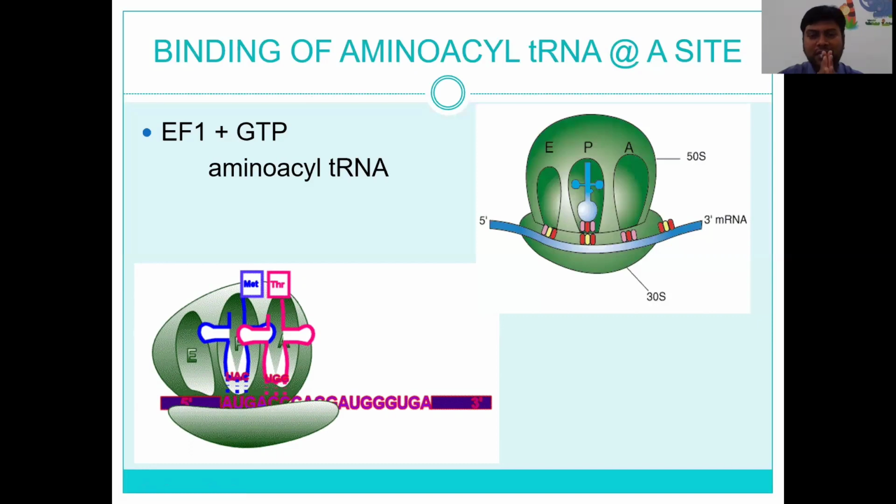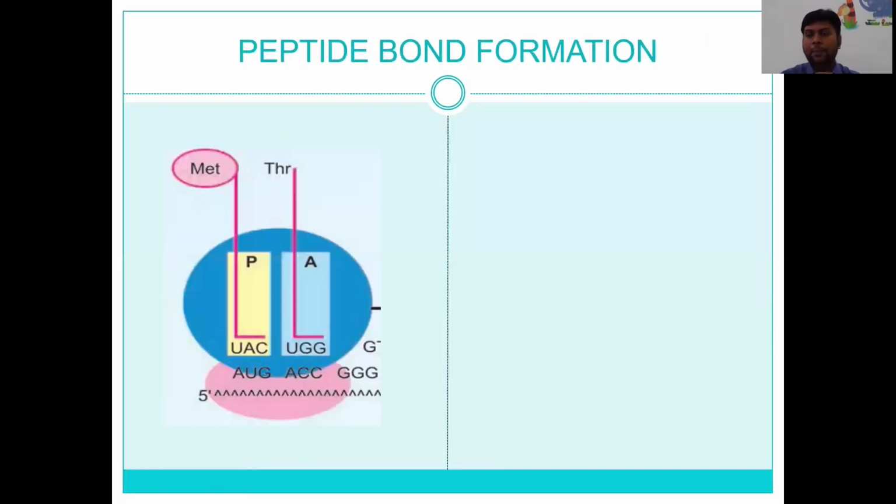Once the amino acid has bound to the A site, the second step starts, which is peptide bond formation. In this step, the amino acid or amino acids present at the P site will be transferred to the A site, resulting in peptide bond formation.